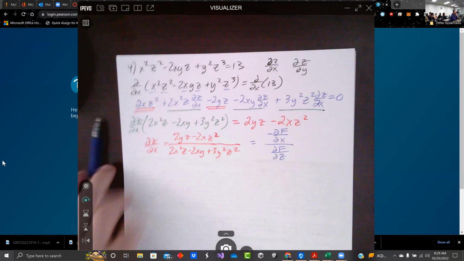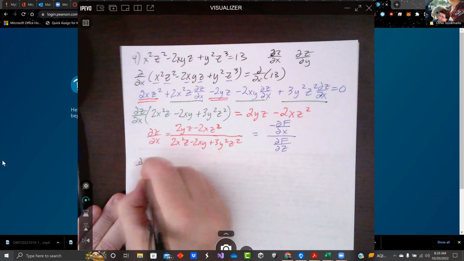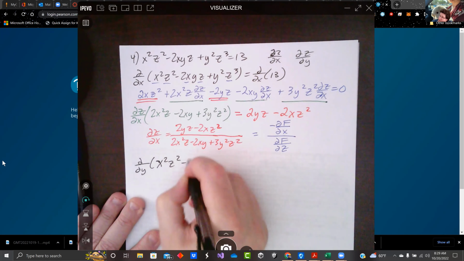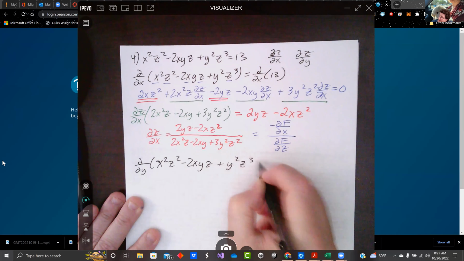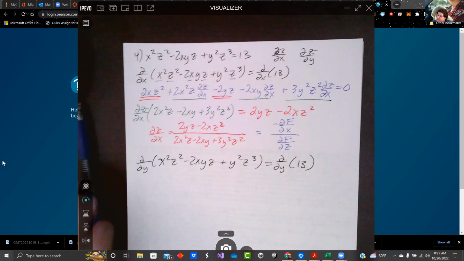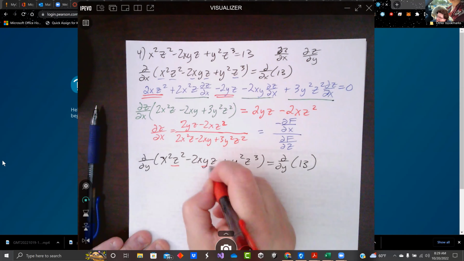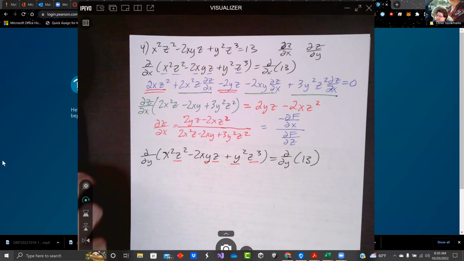Then when we want to do dy, start over from the beginning. Got x squared z squared minus 2xyz plus y squared z cubed equals 13, taking d/dy. The things that need to get hit here are z, y and z, and then y and z. So we got a couple product rules in there.